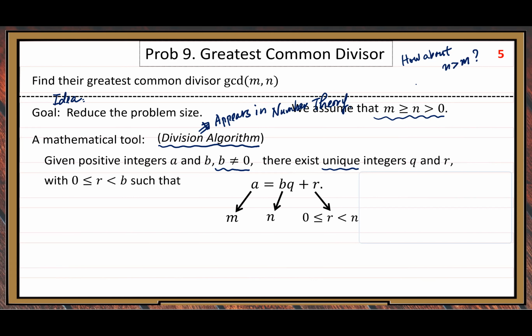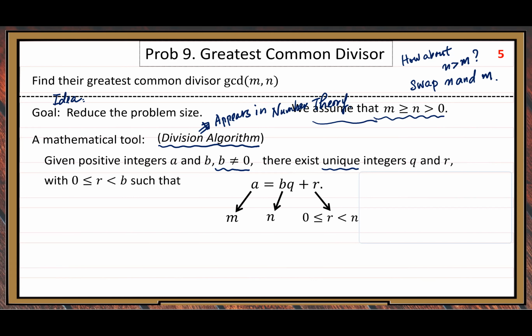We just swap. If that happens, we swap N and M. Then our first integer will be greater than or equal to the second integer. So we will have this assumption.